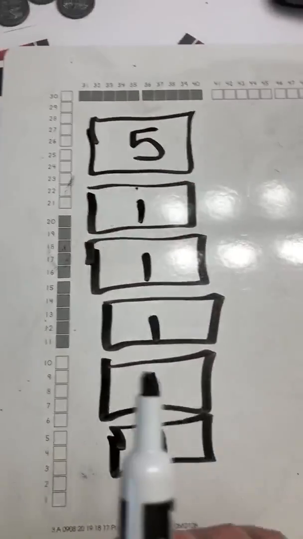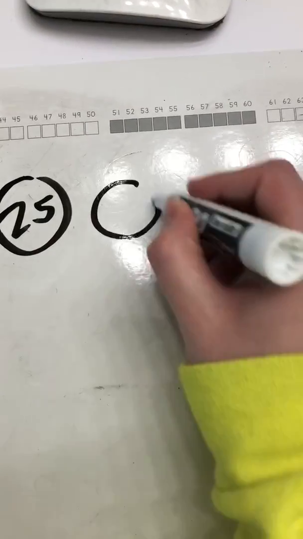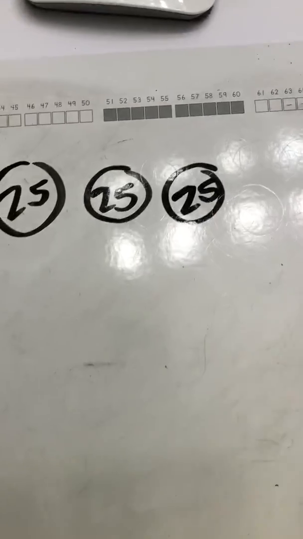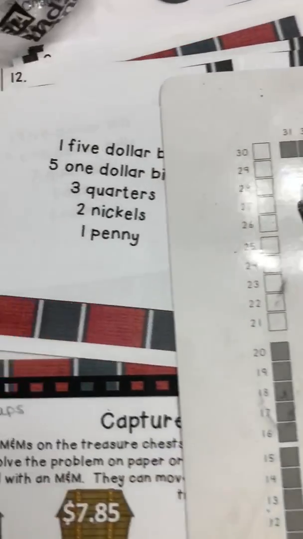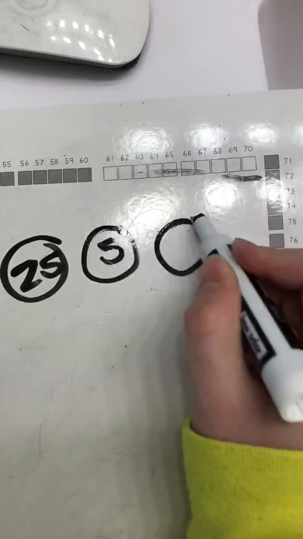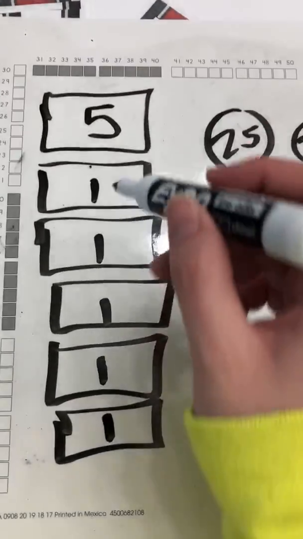Okay, so that's all my dollar bills. Then I have 3 quarters. 1, 2, because remember quarters are worth 25 cents. And if you need to use your sheet, go back and look at that. 2 nickels, which are worth 5 cents. And 1 penny.